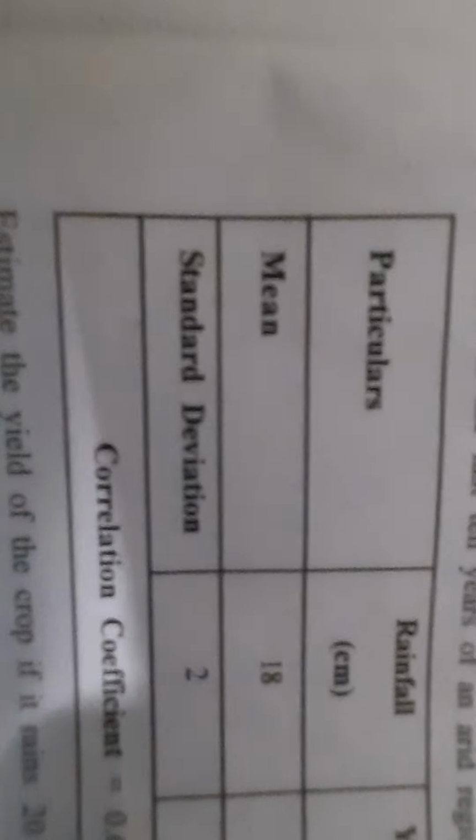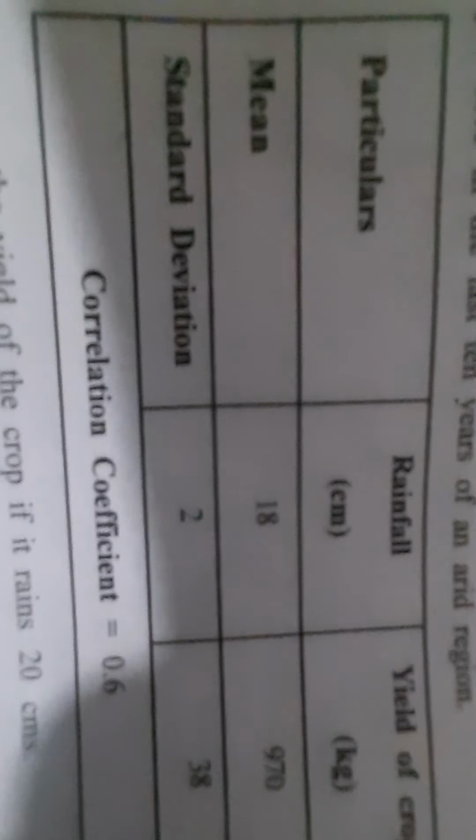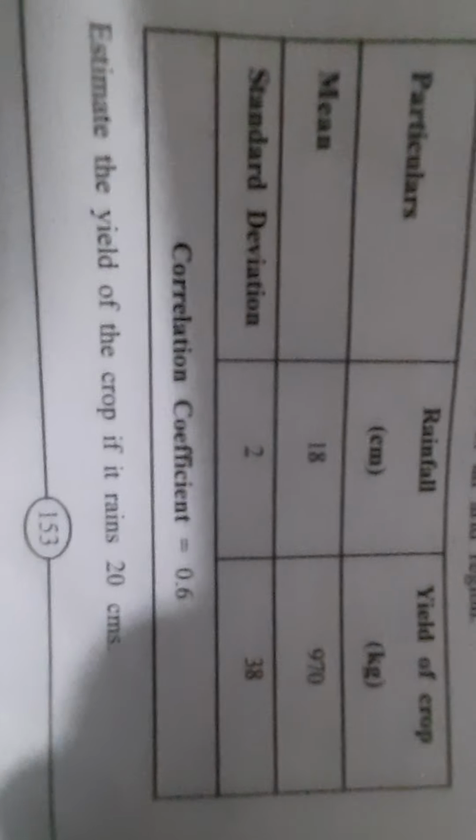Okay, 3-mark question. Then the following results are obtained from the following information. Estimate the yield of crop if it rains for 20 centimeters. Here a correlation coefficient is also available, and so b is equal to r into sy upon sx. So we work it out like this. R into sy upon sx is equal to 0.6 into 38 by 2, 11.4.